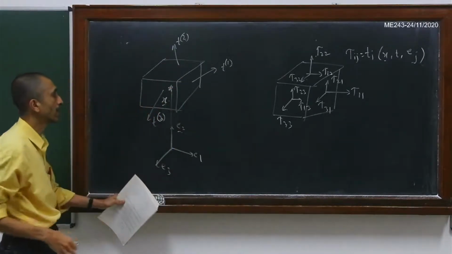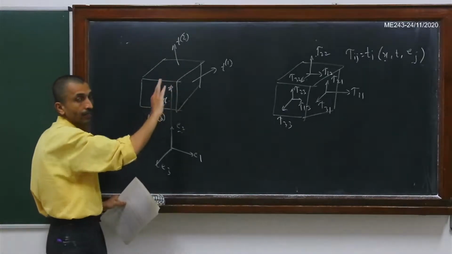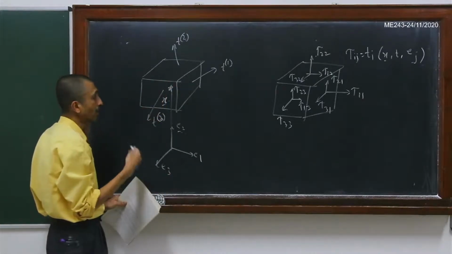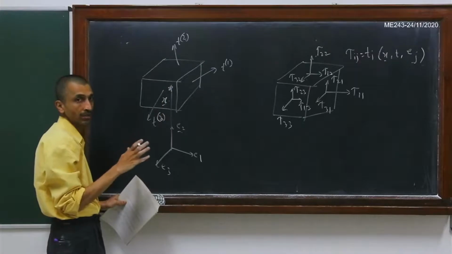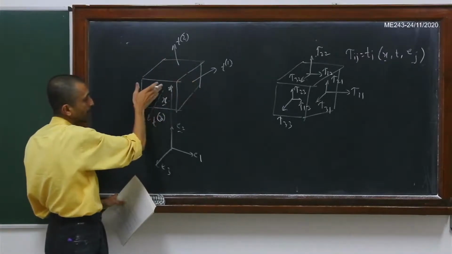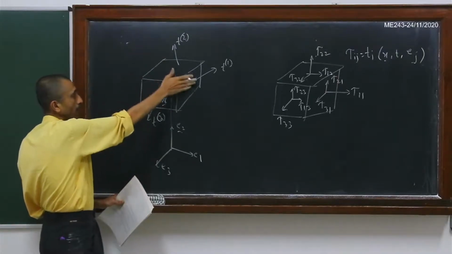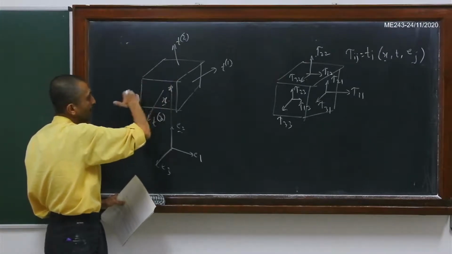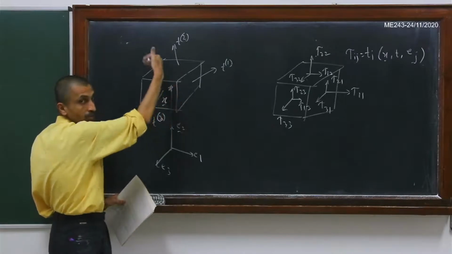The reason that we are showing this block is just for clarity, otherwise the picture will become very messy. But you have to remember that this block has actually no dimensions. I am showing this plane at a distance here, but that is not correct. Actually this plane is passing through the point x. Similarly, this plane is also passing through the same point x, and this plane is also passing through this point x here.